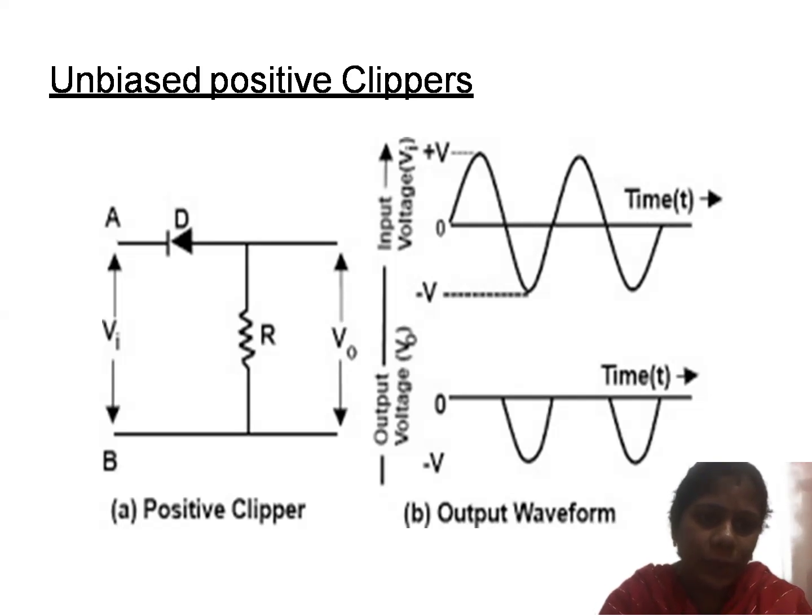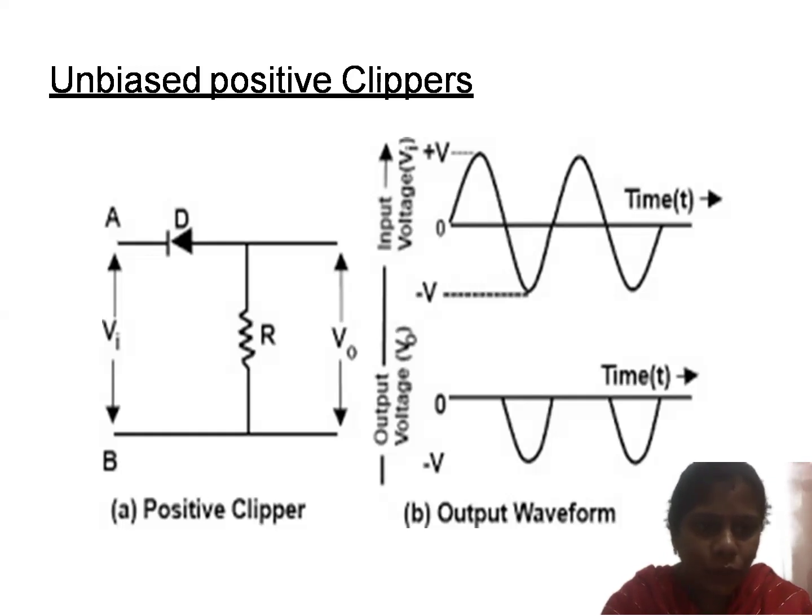So the diode will be under reverse bias, and it acts as an open circuit. When the diode acts as an open circuit, there is no output, that is V0 is 0. In the waveform, you can see that for the positive half cycle, the output is 0. And similarly, the next cycle, the negative cycle, is going to be applied to the diode cathode terminal.